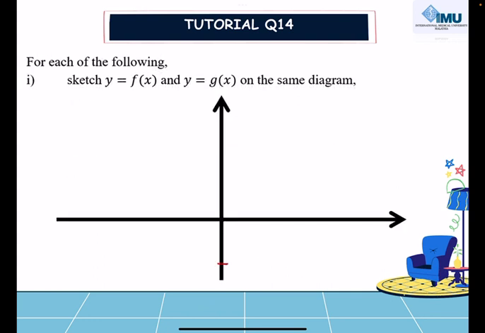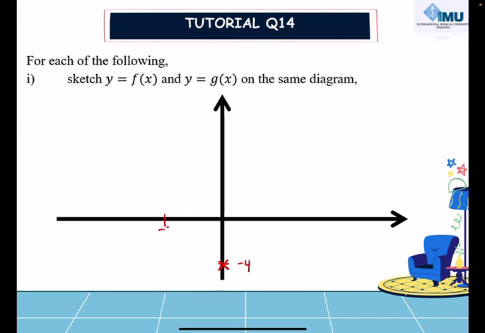You have a y-intercept of negative 4, and you have the roots, which are negative 2 and positive 2. Now, connect all the points. Hence, you obtain the graph of the quadratic equation x squared minus 4.